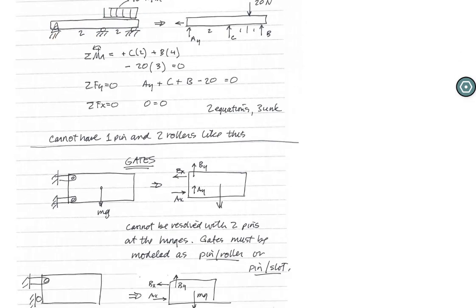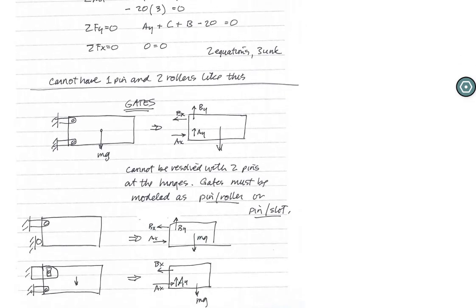If you have a gate, it often looks like it is two pins here, but in this case you have the same kind of situation where if you sum the moments about a point, you can get the BX, but if you sum the forces in the Y, it's hard to break up how much of the weight goes to each of the pins in the vertical direction.